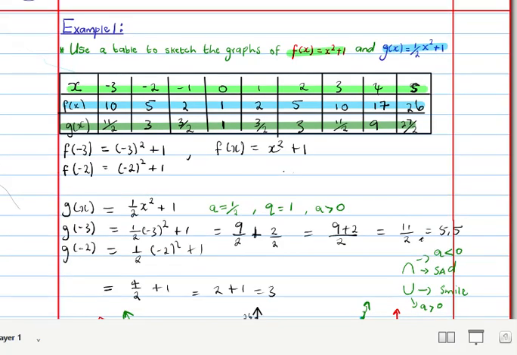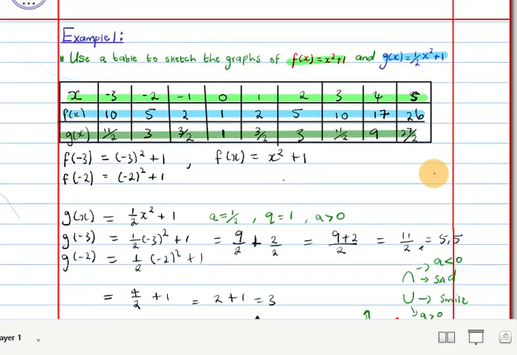Okay, so I think now you see what is required if they say use a table to sketch the graph of given functions. You just write the domain and then you write the range. What is the range? Range is the possible outcome for those functions. So here it's the possible outcome for this function, which is f at x. So how do you find the outcome? You use each and every input, you plug it here, you get an output.